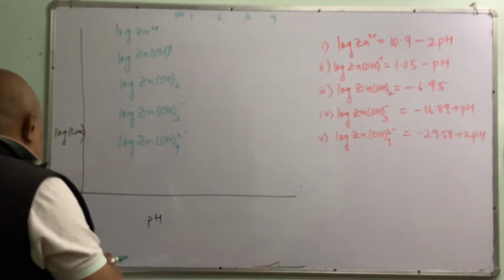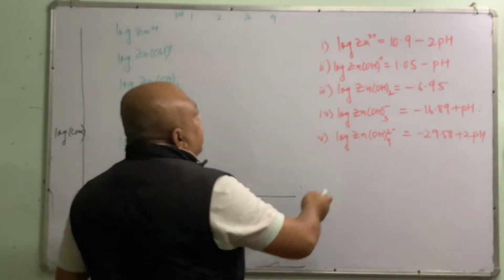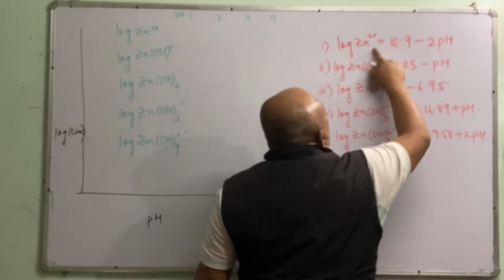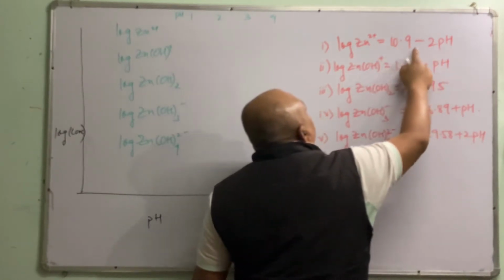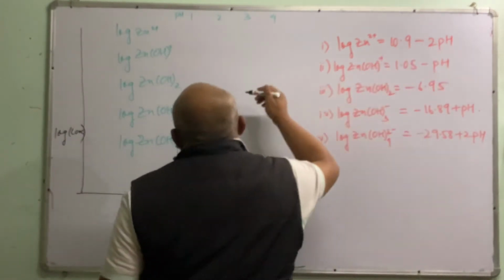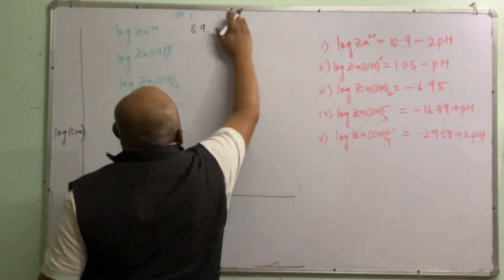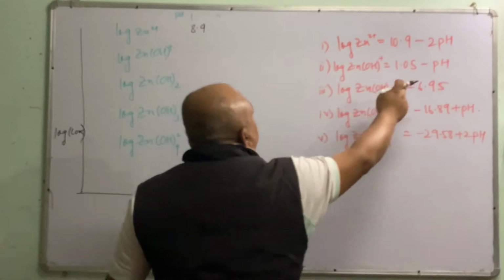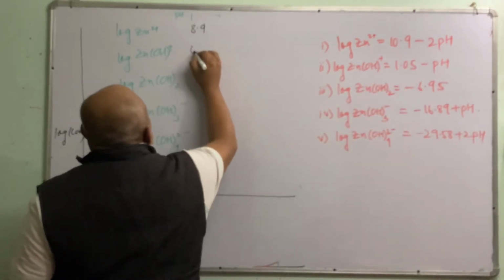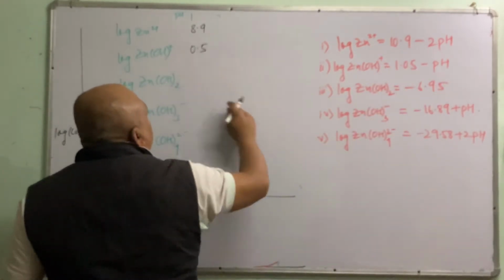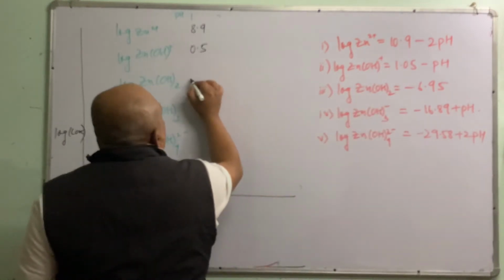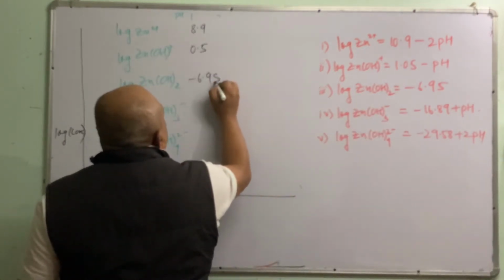Say for example, at pH 1, log of Zn will be 10.9 minus 2, so it will be 8.9. Then what about this one? At pH 1 it will be 0.05. This will be minus 6.95, constant.